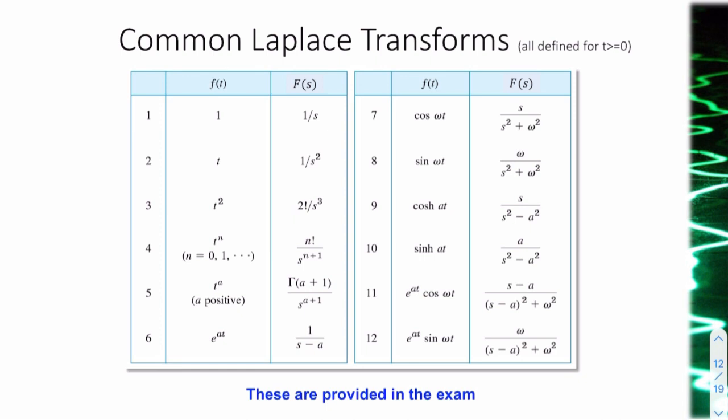If you need an inverse Laplace transform, you look for your signal there and you read across. Okay, these will be provided in the exam, at the back of your exam paper, and in your problem sheets. There'll be different versions of this table, but it's basically the same information.